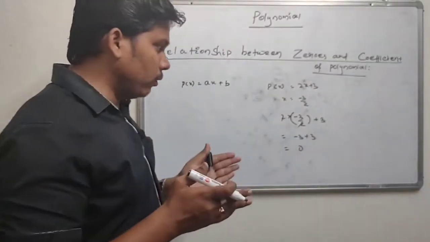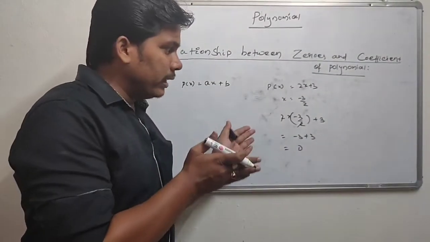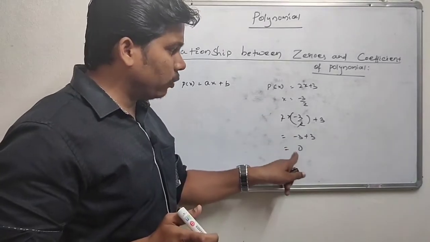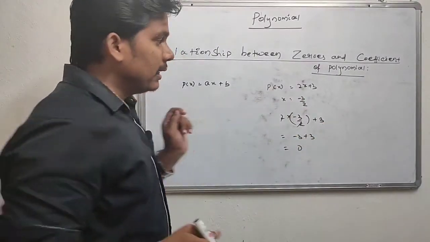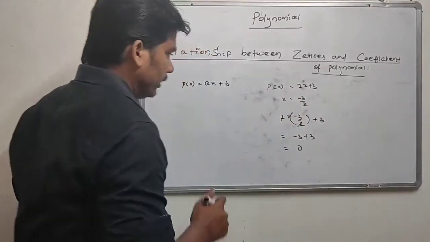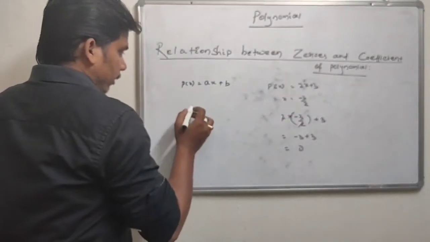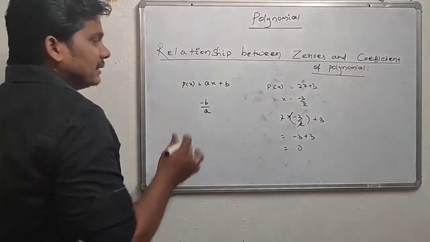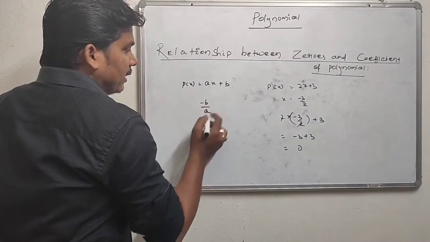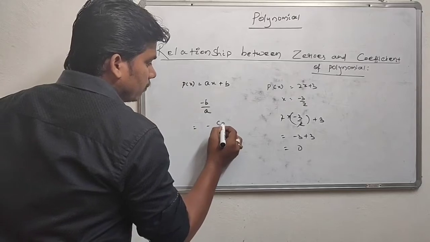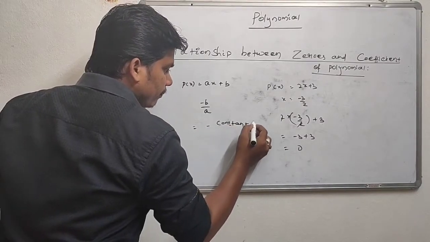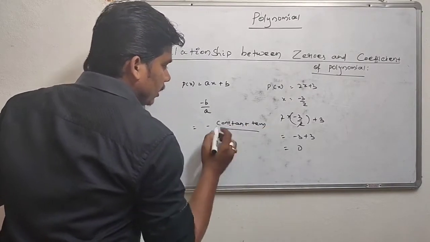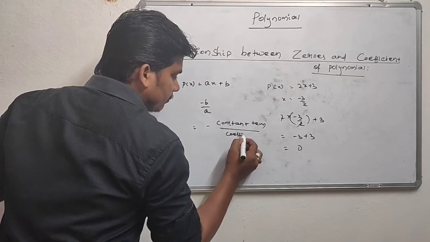As we know, what is a zero? Whenever we put a value in the polynomial and the result is 0, then that value is the zero of the polynomial. Here, this will be minus 3 by 2. In the same way, the zero of this polynomial ax plus b is minus b by a. Here, b is the constant term, and a is the coefficient of x.